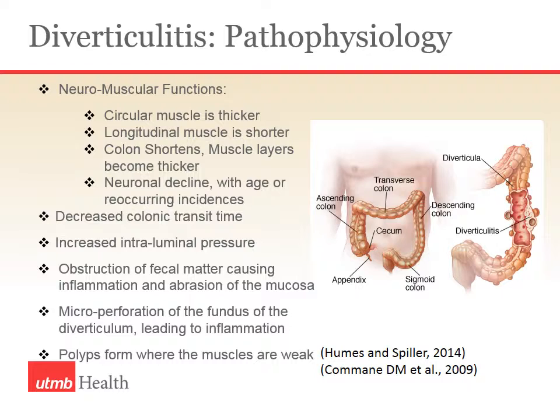These changes, the neuromuscular changes, are associated with a neuronal or neurological decline with age, and it's also associated with reoccurring incidences. Researchers have debated whether the aging is independently causative of this change or whether the reoccurring incidences cause the lining or the lumen to become more sensitive to these polyps.